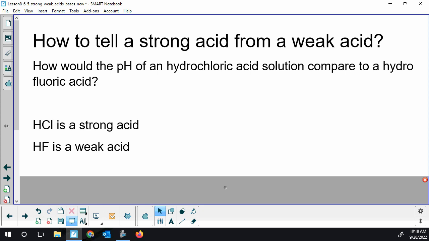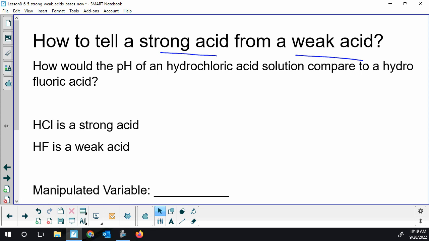So I want you to think, if we want to tell, what would we expect with the pH and how could we ultimately tell a strong acid from a weak acid in terms of variables?